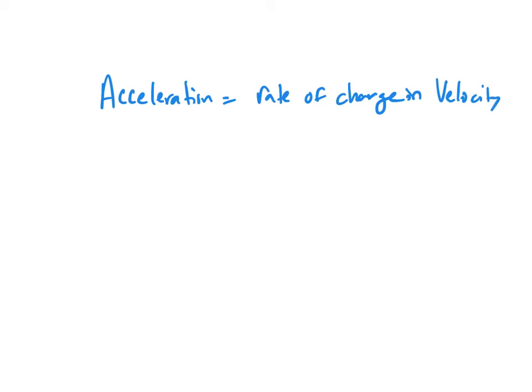From the previous video that you watched, we understand that acceleration can be defined as the rate of change in velocity. And we also understand that velocity can change in one of three ways. One, we can increase speed. Two, we can decrease speed. Or three, we can change direction.